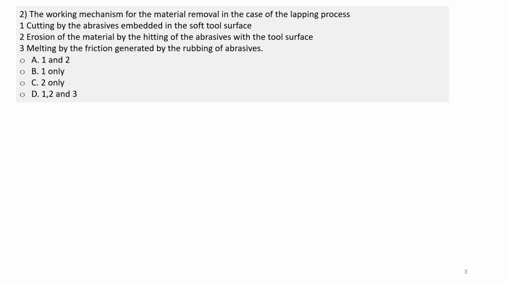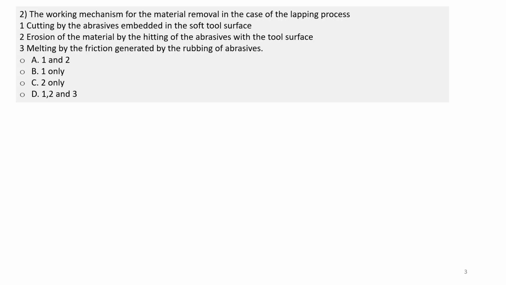Next question is the working mechanism for the material removal in the case of the lapping process. Your options are: first, cutting by the abrasive embedded in the soft tool surface; second, erosion of the material by the hitting of the abrasive with the tool surface; third, melting by the friction generated by the rubbing of abrasives.